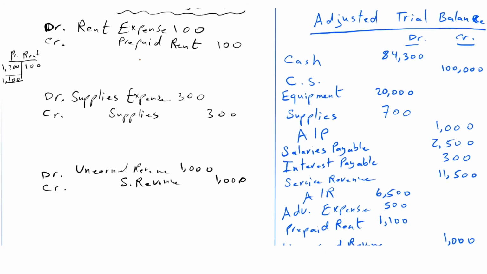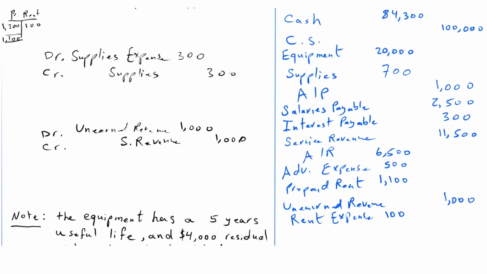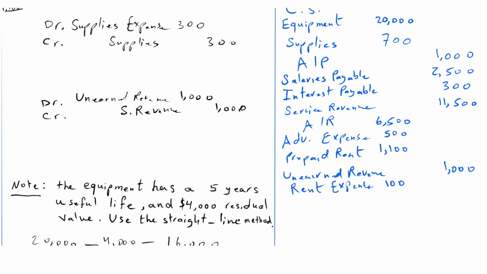Rent expense and then prepaid rent, we considered that already. We're done with this. Supplies expense, it looks like we did not show that in the trial balance. So $300 debit balance for supplies expense.